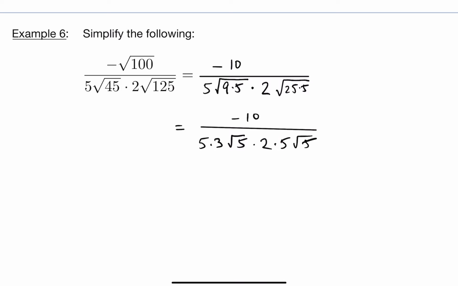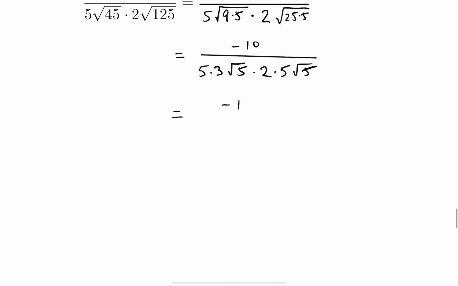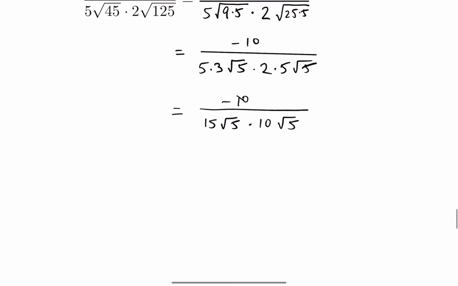And so simplifying this further, we get negative 10 over 15 square root of 5 times 10 square root of 5. We have a 10 on top and 10 on the bottom, so those can cancel out.